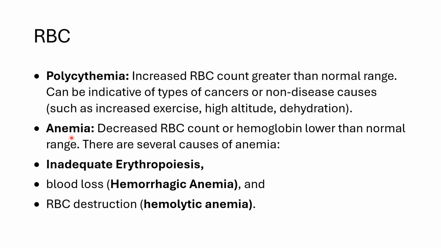Then what is anemia? Anemia is a decreased number of RBCs or hemoglobin lower than the normal range. There are several causes of anemia. It can be inadequate erythropoiesis. Erythropoiesis means synthesis or production, so red blood cells are produced too little. So one reason can be too little production of RBCs.